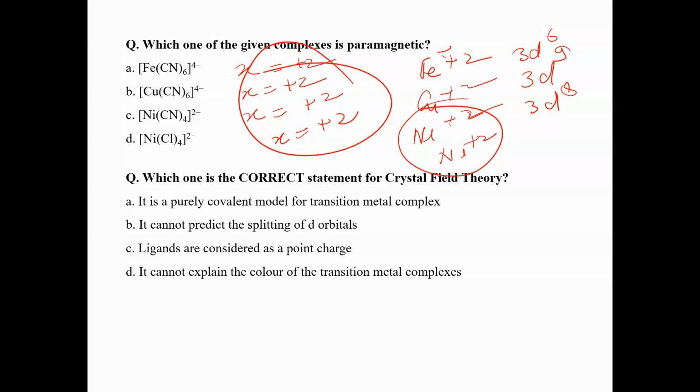Because in options A and B there is a strong ligand, right? So what will it be? It will be paired: one, 2, 3, 4, 5, 6.